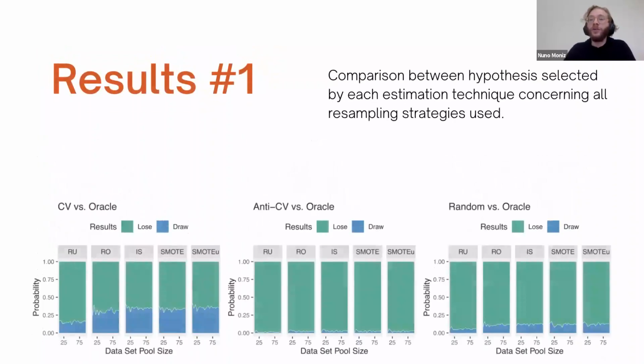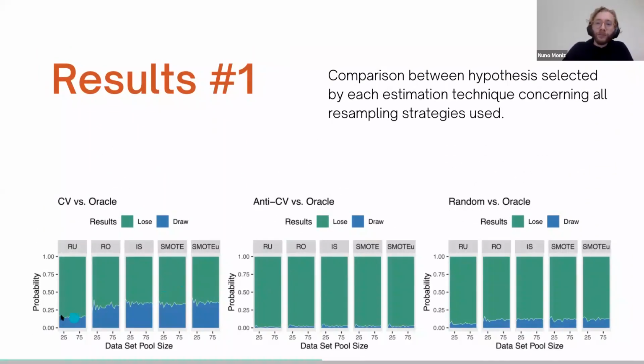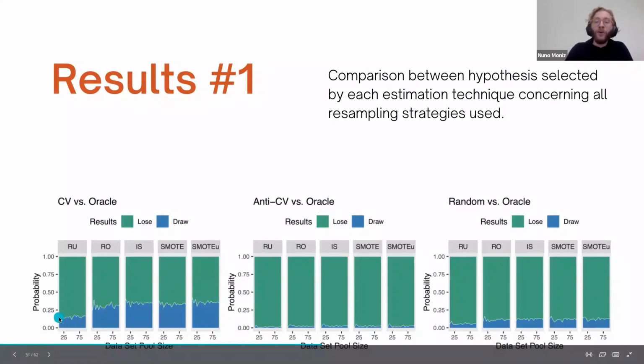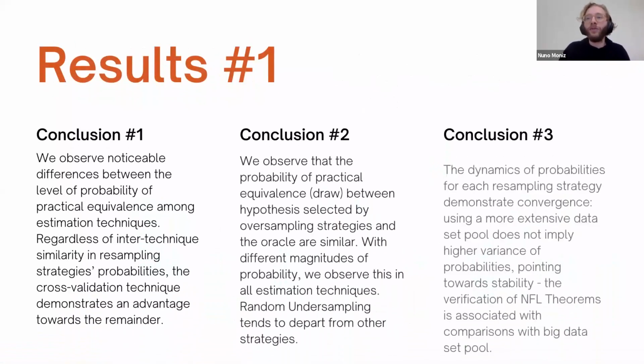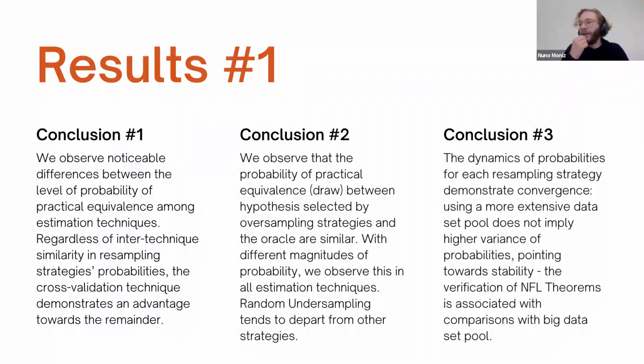So if you see here, we made this test for an increasing number of data sets, exactly to see what their behavior would be, if the variance would grow, if it wouldn't, etc. And what we saw, and this is an important thing, is that growing the size of the dataset pool does not imply a higher variance of these probabilities, which is good because stability would be a good thing to verify.